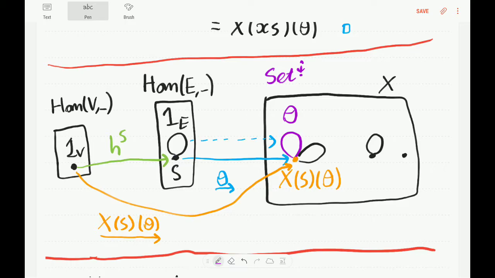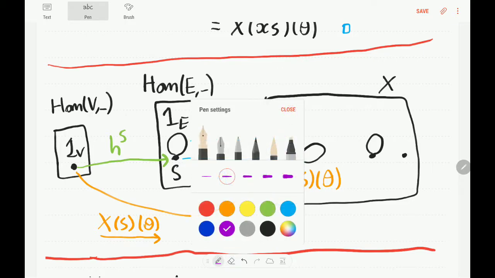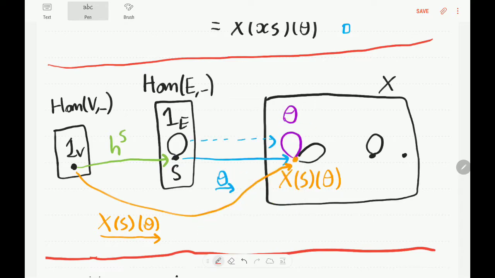We can visualize it as a bouquet. So we can think of X as a bouquet here. And the idea is that if we have an E element of X, in other words, a loop, let's say we call it theta.